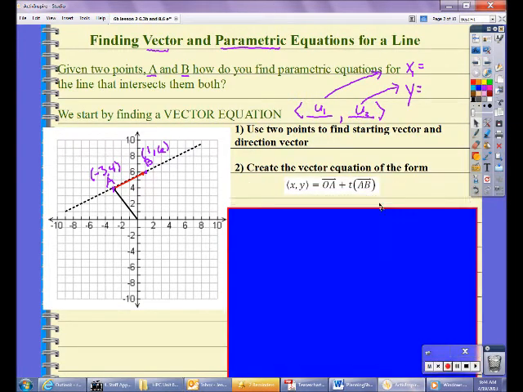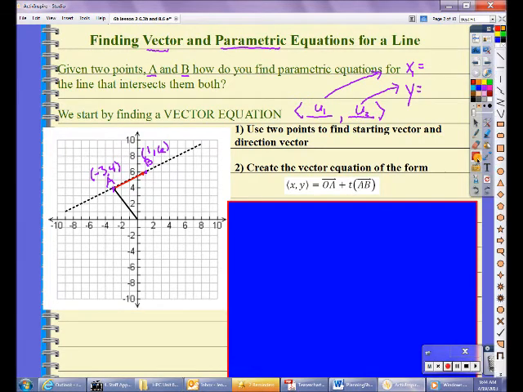So now we have to create the vector equation of the form xy equals OA plus t times AB. So that's the initial point vector plus t times the direction vector. Now, where'd that t come from?